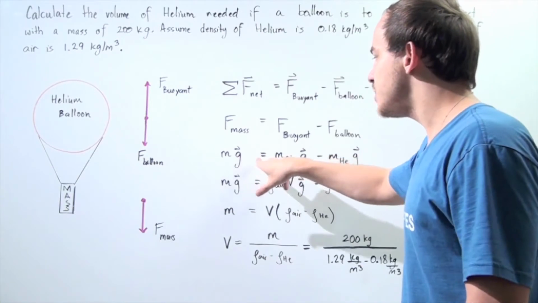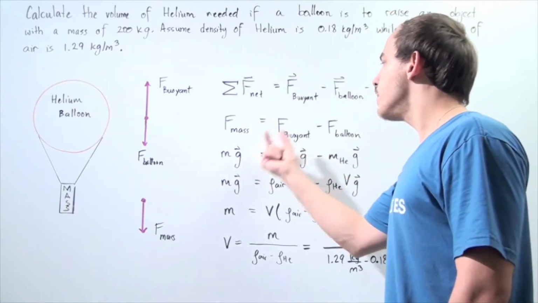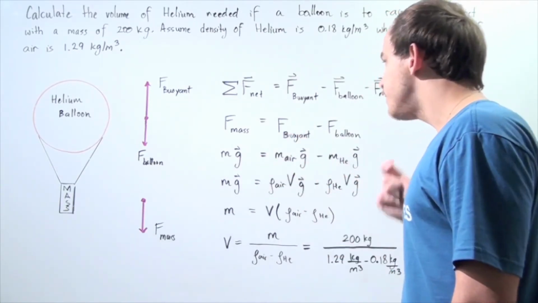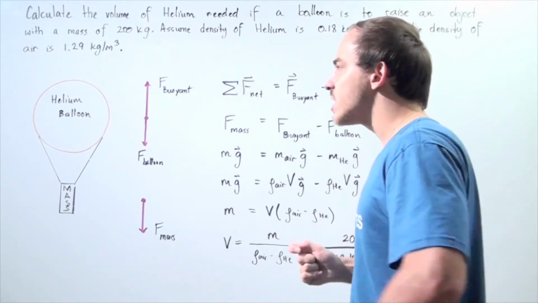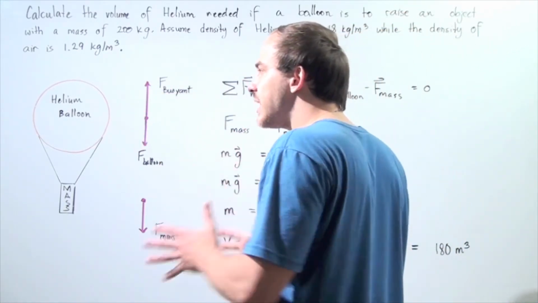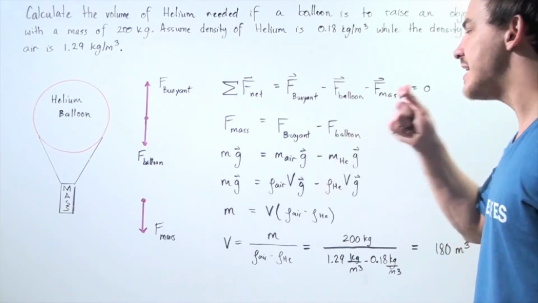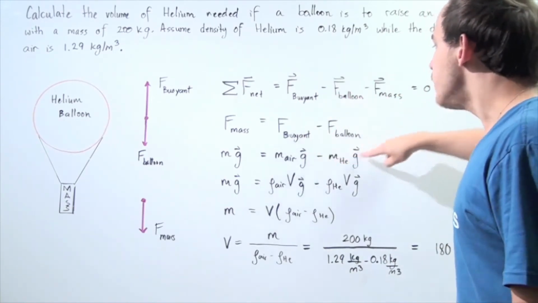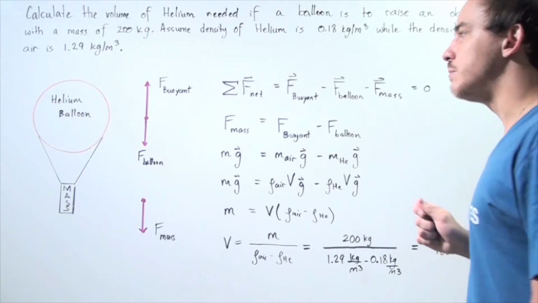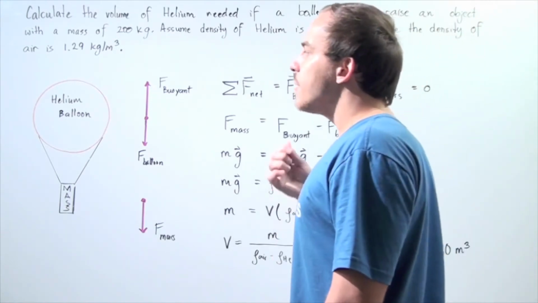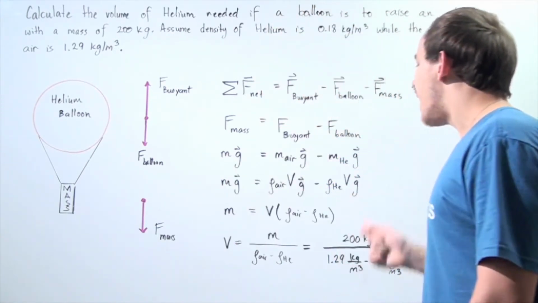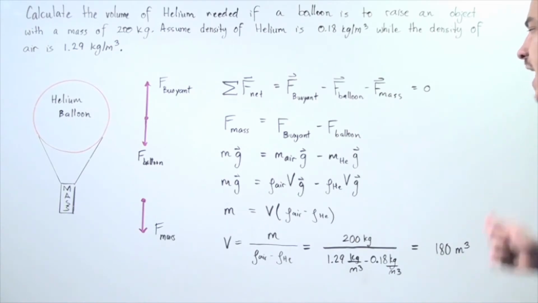So m times g is equal to, what's the buoyancy force? Well, the buoyant force is simply the mass of the air that is displaced by the balloon multiplied by g, our gravitational constant. What about the force acting on the actual balloon? Well, it's simply the mass of that balloon times g, our gravitational constant.